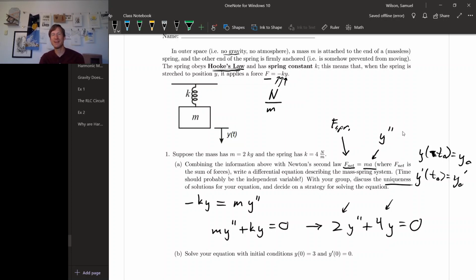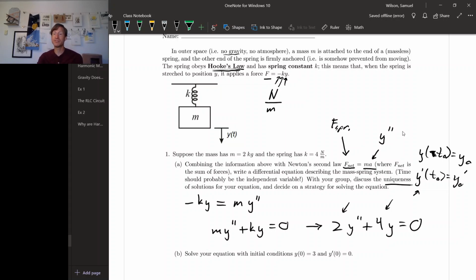And if you position this mass at some position and then throw it at some velocity, you should get one single possible behavior. And that is indeed what the uniqueness theorem tells us. For a particular physical setup, you get a unique behavior. So it's kind of comforting that that works out.